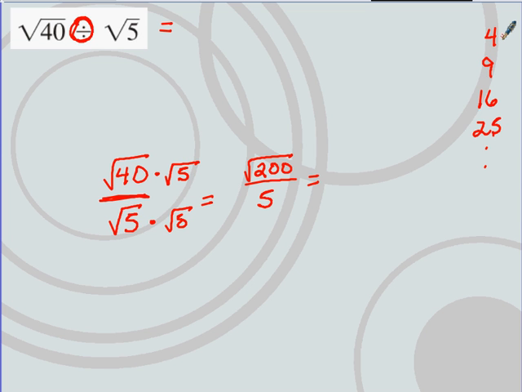Well, 2 is not a perfect square. We know the square root of 4, 9, 16, 25, 36. What perfect square is inside that you can divide into 200? Got one? 20? Well, not a perfect square.